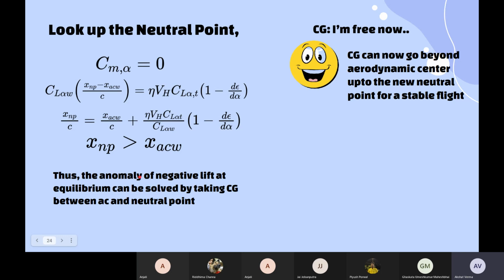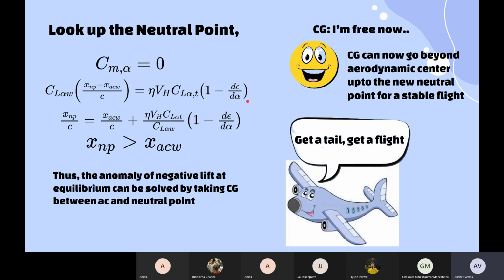Also the anomaly of negative lift at equilibrium can be solved now, because the reason for that anomaly was that you were not allowed to take your CG beyond the aerodynamic center, and now that you can do that, you will get a stable as well as a positive lift at equilibrium condition. That will give you a great flight, and that will make the aircraft successful at all conditions of stability as well as equilibrium.